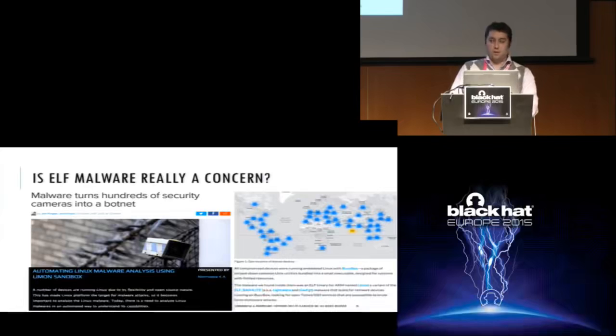I'll admit I'm not sure how the malware actually showed up on them, but it was ELF malware for ARM, nonetheless, that showed up on these security cameras and turned them into a botnet. But I would say ELF malware is certainly getting more common.